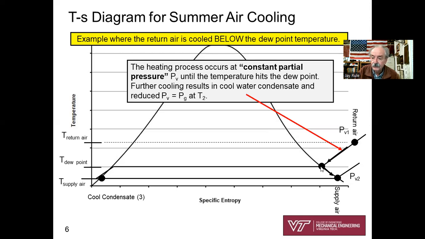Now, if we have enough cooling capacity to cool below the dew point, let's say our supply air going back to our rooms is below the dew point, then our process line takes a little dog leg here, and so it follows left to right at 100% relative humidity at variable PV with decreasing temperature until here's the final partial pressure at the supply air temperature.